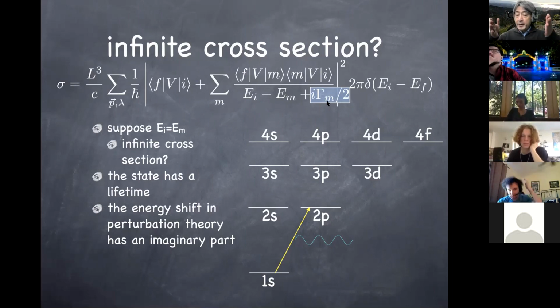And then if you square it, it's always 1. So the state would always remain with 100% probability. But if you're talking about a state that is unstable, then the probability should go down exponentially, like e to the minus t over tau, where tau is the lifetime.